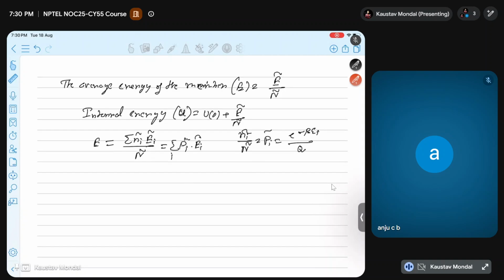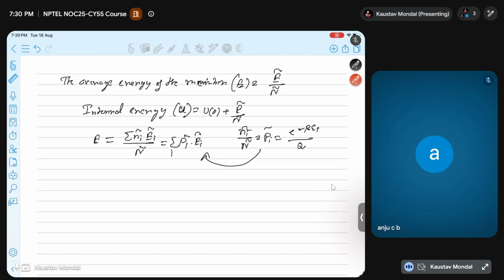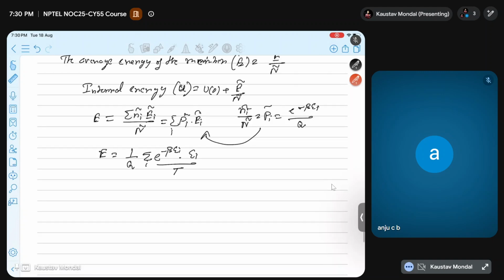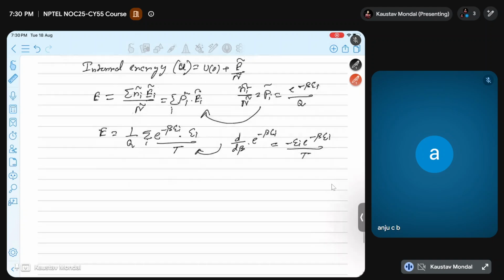So now if you substitute this thing here, you will get E as 1 by Q summation over e to the power beta Ei into Ei by T. Now you can write the derivative with respect to beta of e to the power beta Ei as minus Ei into e to the power beta Ei divided by T. So if you substitute this thing here, it will make the whole expression in a very simpler manner.